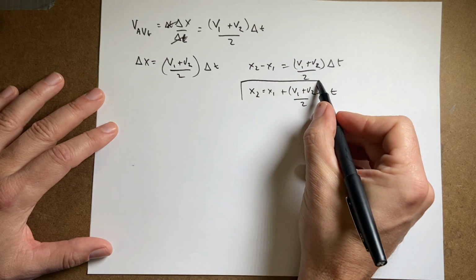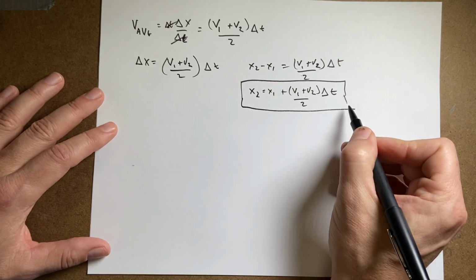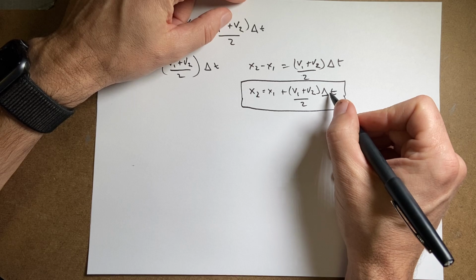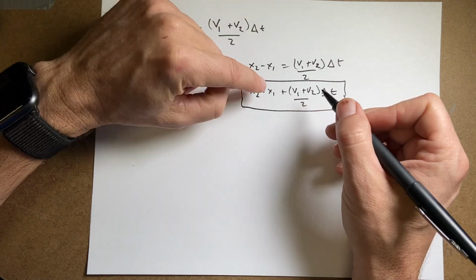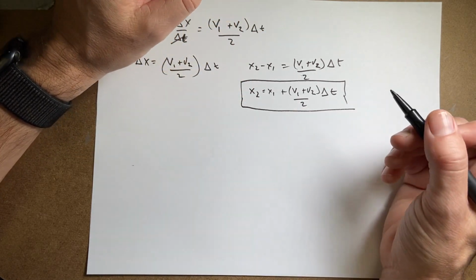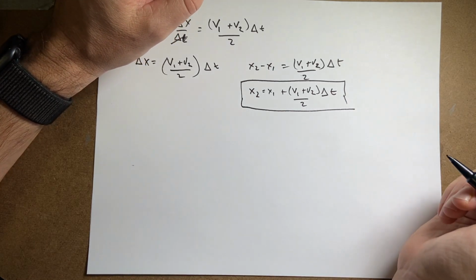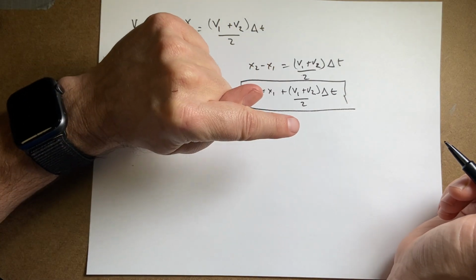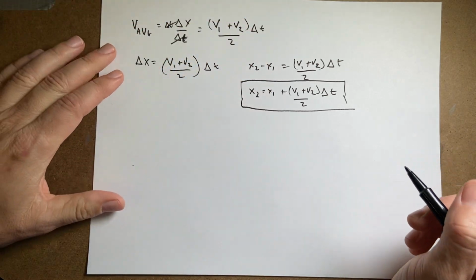So this tells you the final position of an object if you know the time and the starting and ending velocities along with the starting position. Okay, so if you don't know the actual acceleration, you can use this. But you need to know the time and the beginning and ending velocities.